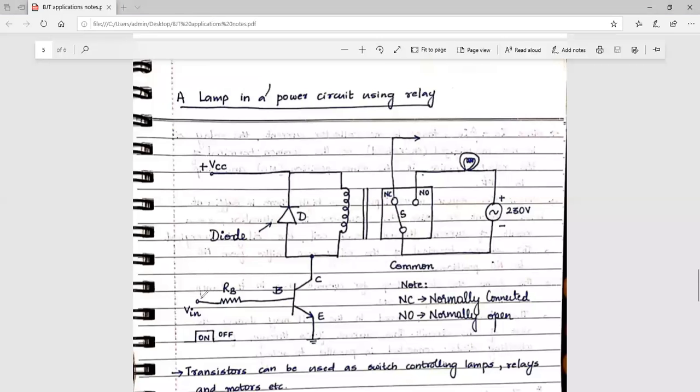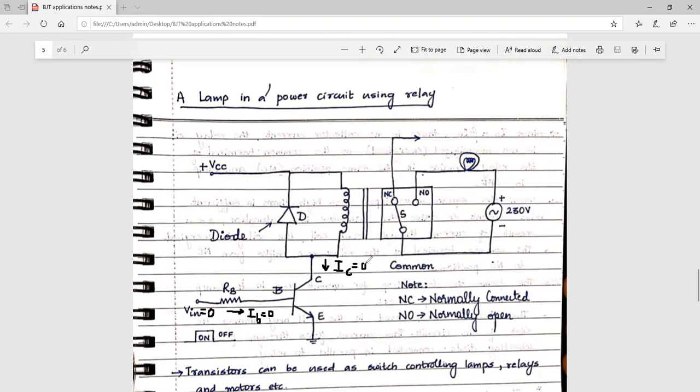If this input is 0, we know that IB will be 0. If IB is 0, our collector current IC will also be 0, because IC is beta times IB.